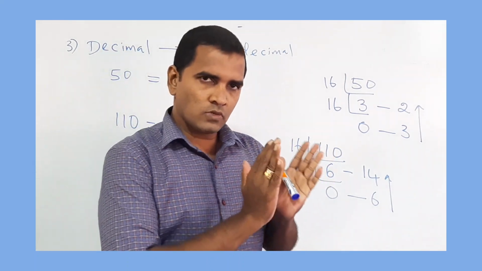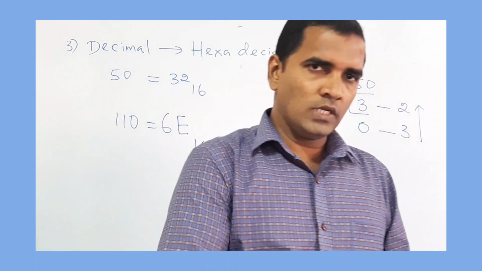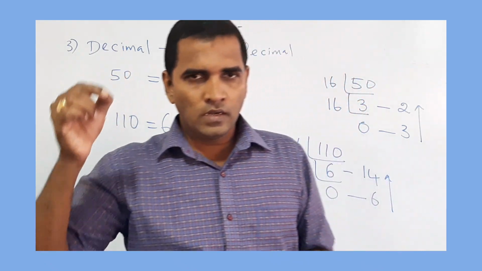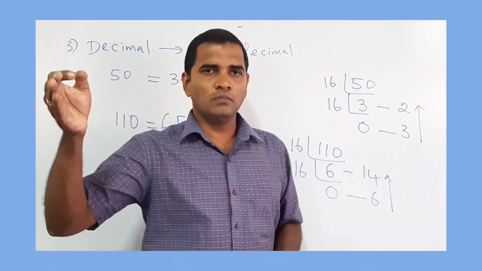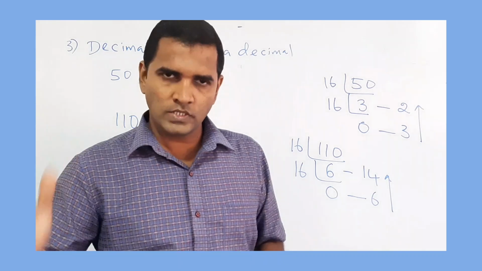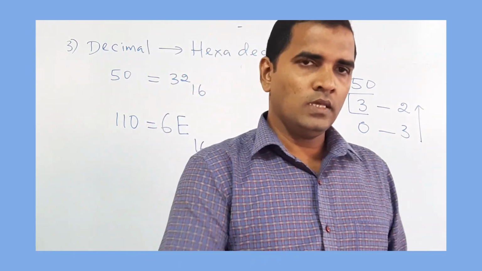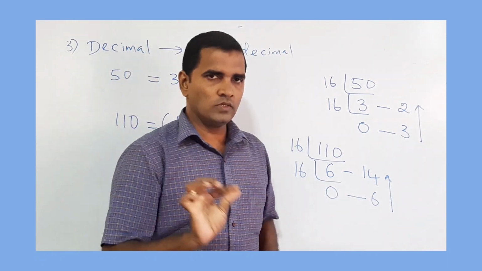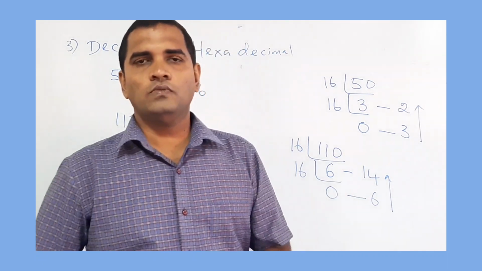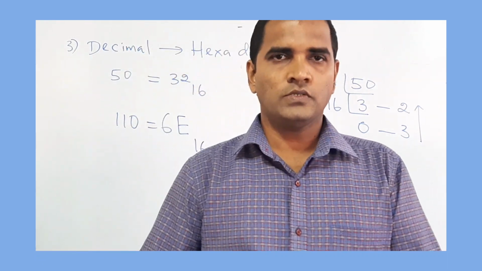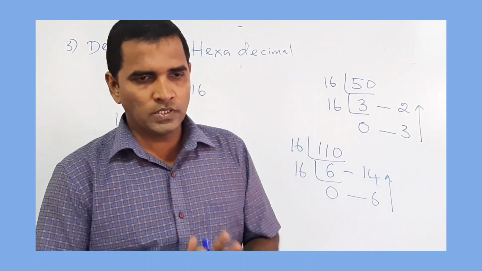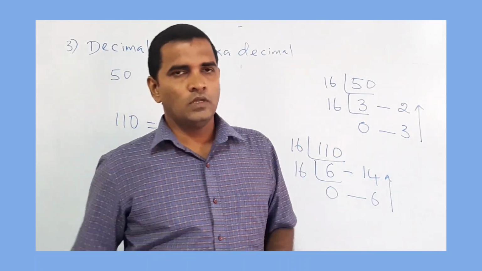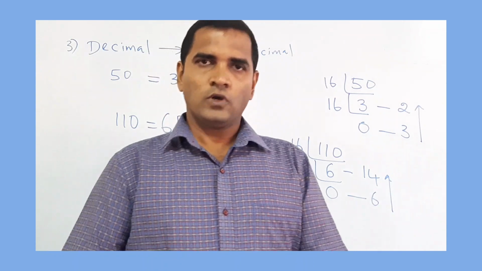If you are trying to convert a decimal to octal, divide that decimal number by the base of octal, which is 8. Finally, if it is decimal to hexadecimal, divide the decimal number by the base of hexadecimal, which means 16. So if you remember this very simple summary, it will never be forgotten.